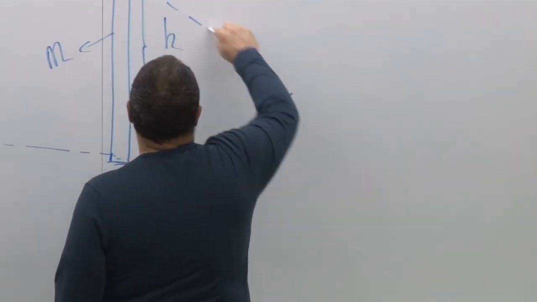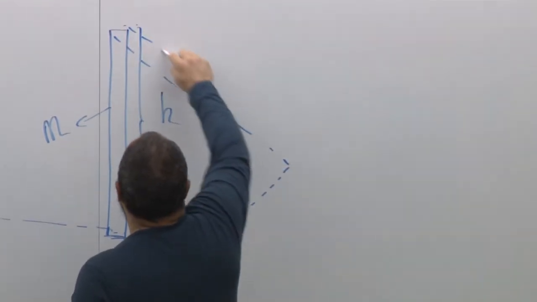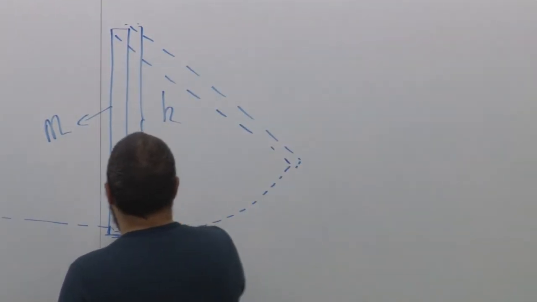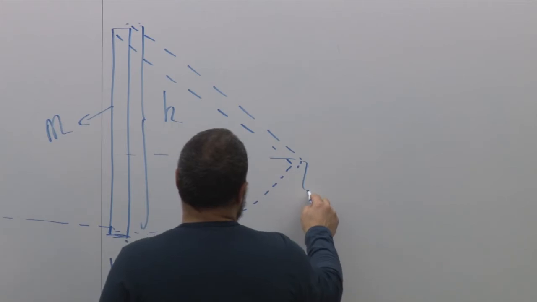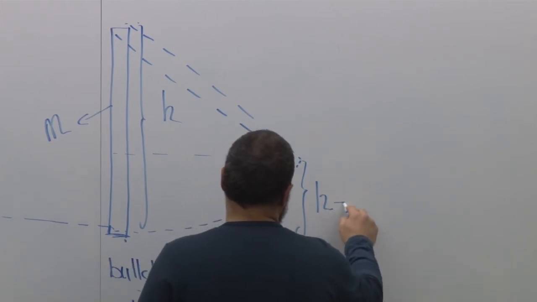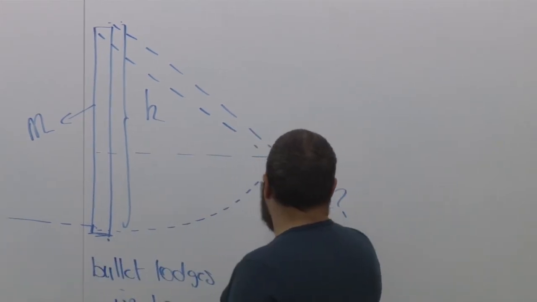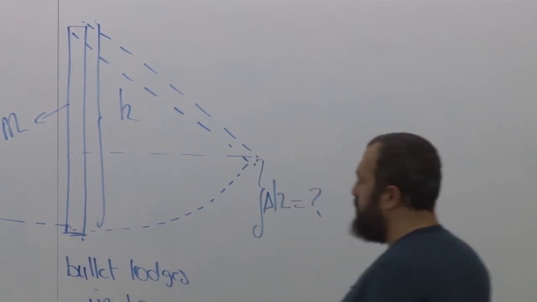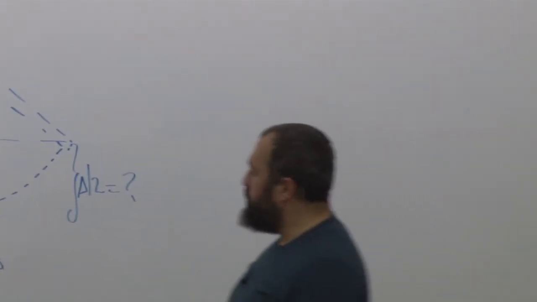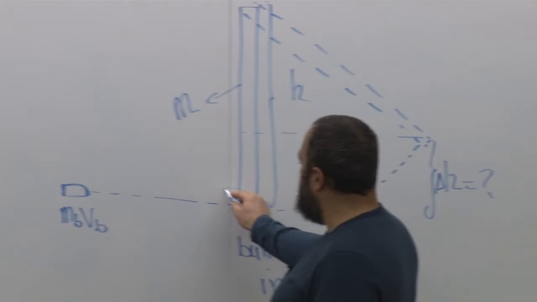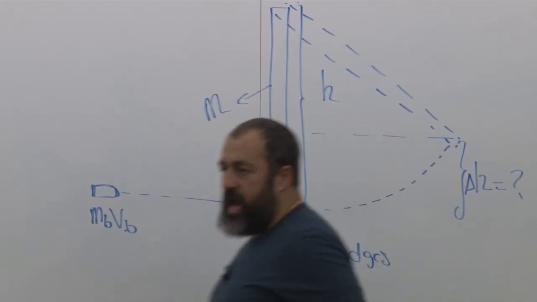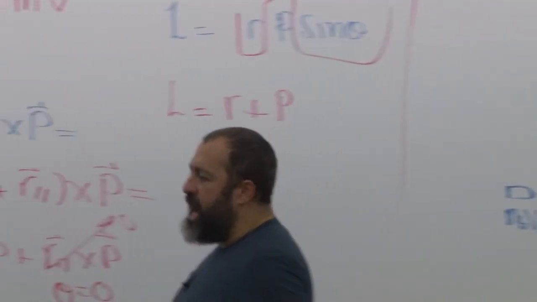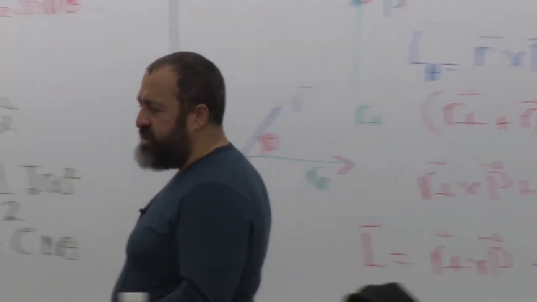We would like to see how high that bullet goes after the collision. H is equal to what? Or delta H. So that bullet is coming in at 90 degrees here and lodges itself on the bar. How high does it go after the collision?